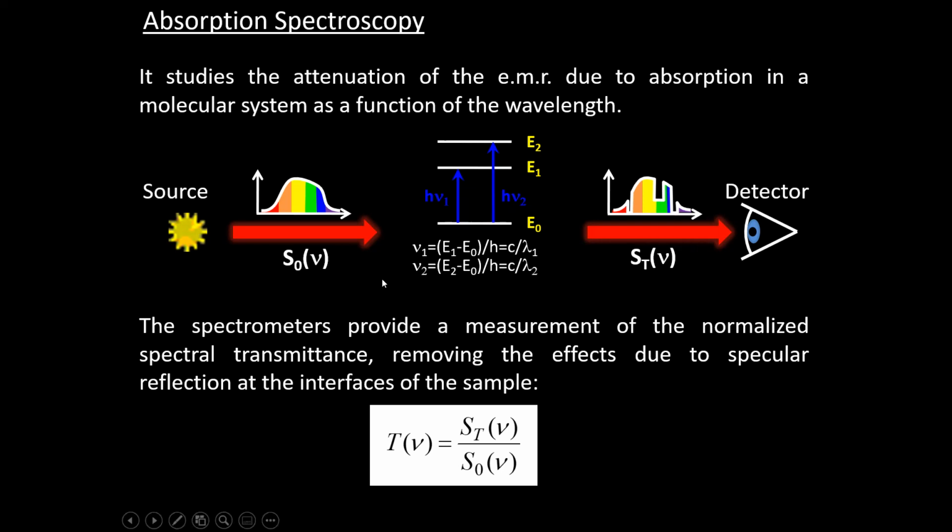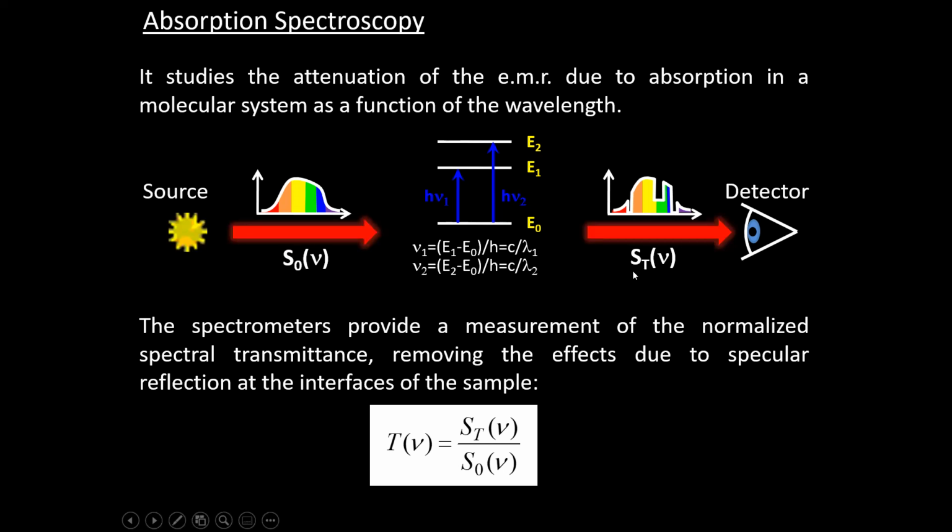And therefore, you can measure the transmitted spectrum, you can measure the incidence spectrum, the input spectrum, and you can define a quantity that is named the transmittance, that is given by the transmitted spectrum divided by the input spectrum, the ratio of the two. Okay?